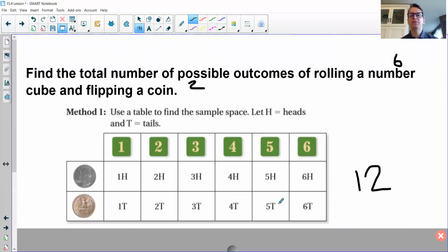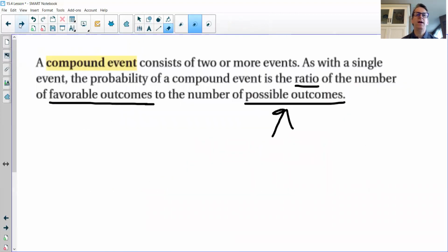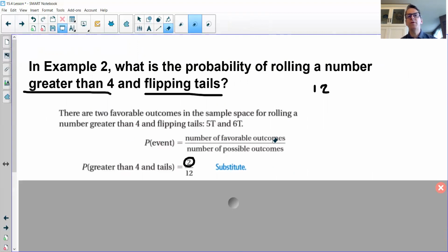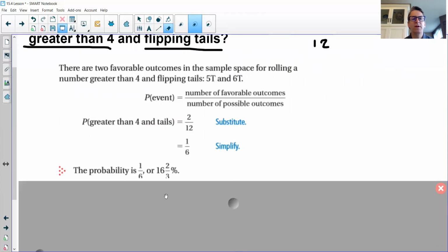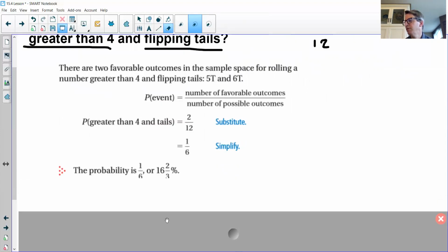Flipping tails with 5 and 6, that would be this outcome and this outcome. Greater than 4 and flipping tails would be these 2 outcomes. So only 2 times in that chart did we have a favorable outcome. So 2 out of 12 is the probability in example 2 of rolling a number greater than 4 and flipping tails. So 1/6. The probability is 16 2/3%.